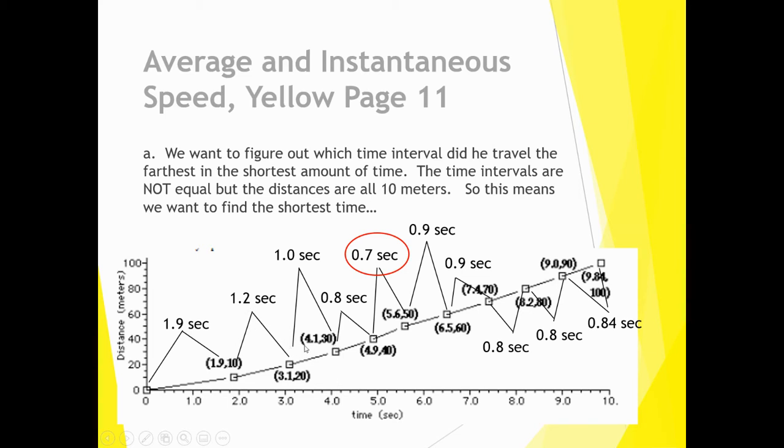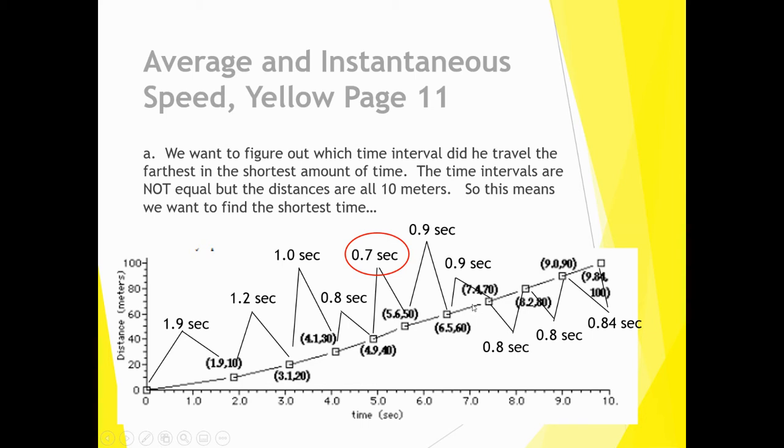In the next time interval, it was 1 second, and I got that by taking 4.1 and subtracting 3.1. In the next time interval, it was 0.8 seconds, which was gotten by 4.9 minus 4.1. The next interval, 5.6 minus 4.9, which is 0.7. The next, 6.5 minus 5.6, which is 0.9.